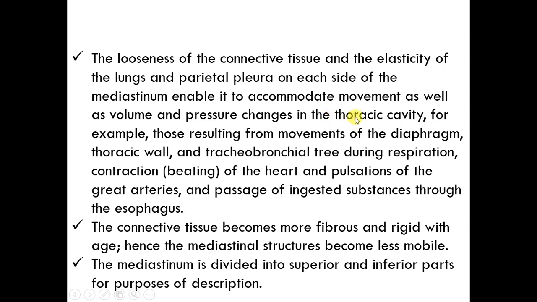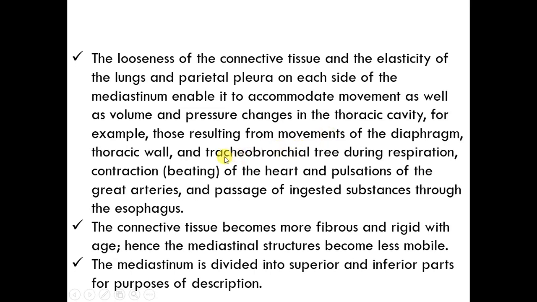When the lungs inflate and deflate, there will be pressure changes within the pleural cavity as well as the thoracic cavity, and these are accommodated by the mediastinum. Why? Because of the loose connective tissue present in the mediastinum.